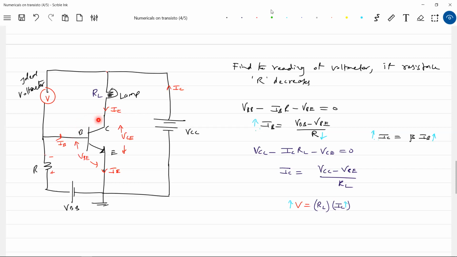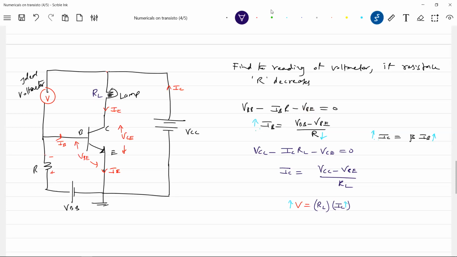Yes, sir. Also, sir, in the first equation that you wrote, IB equal to (VBB minus VBE) by R, when R decreases, we don't know what will happen to VBE, so we can't comment on IB also. No, VBE is a fixed value at 0.5. Okay, sir, the bias voltage.